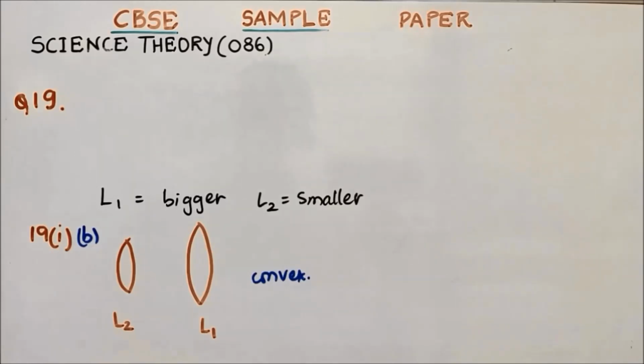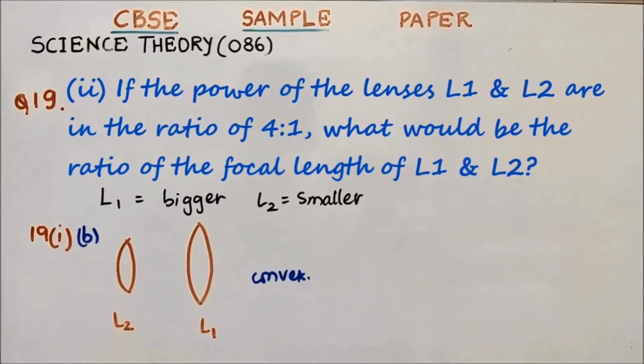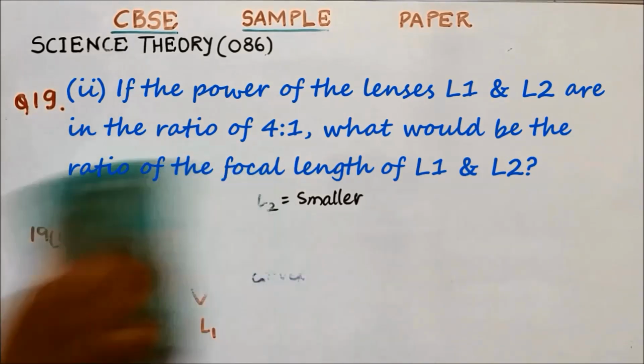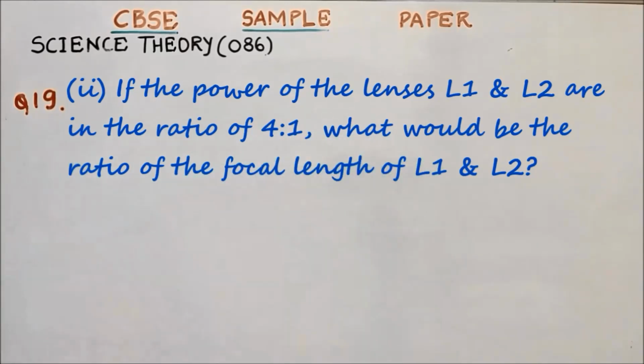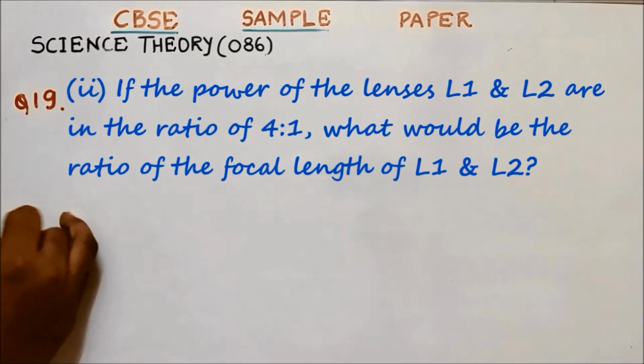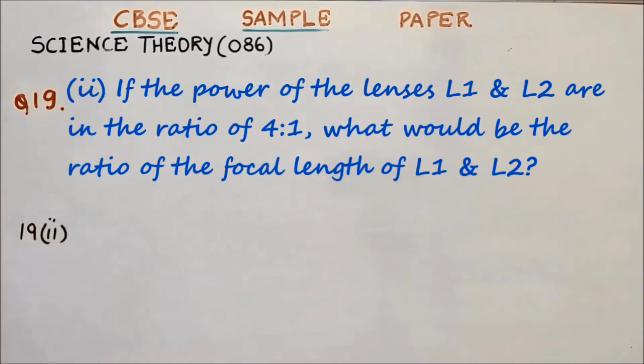Next, the power of the lenses L1 and L2 are in the ratio 4:1. So let me write the data, 19.2. The powers of the lenses L1 and L2 are in the ratio of 4:1.